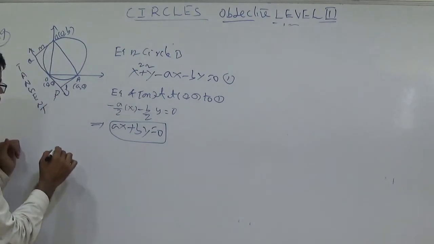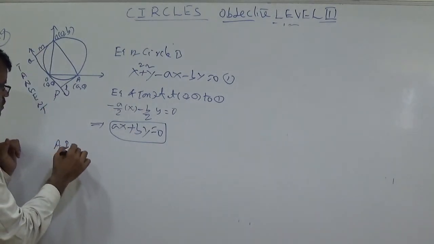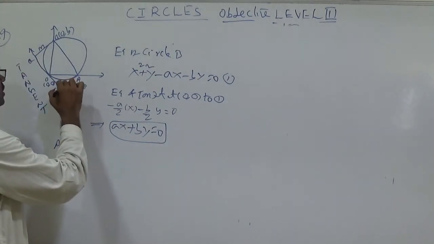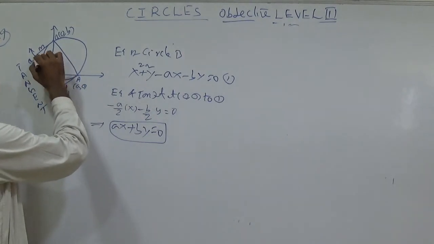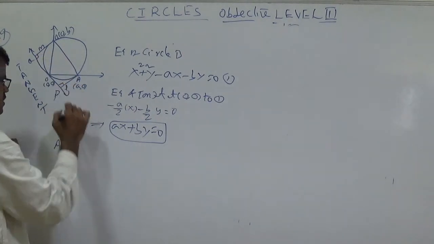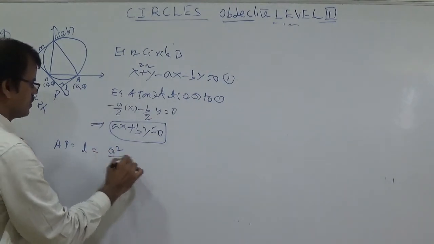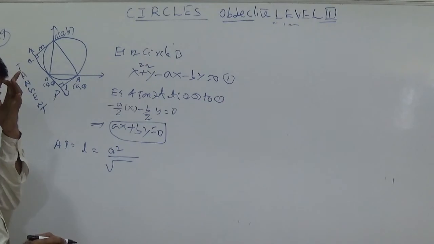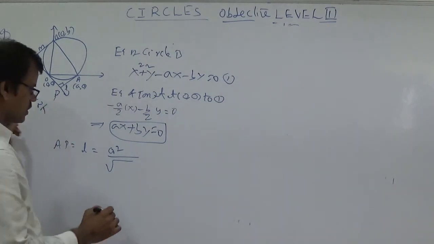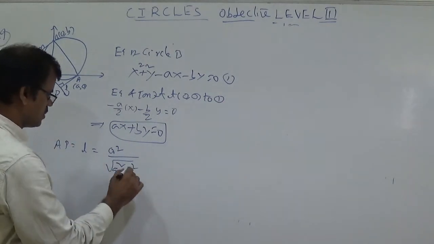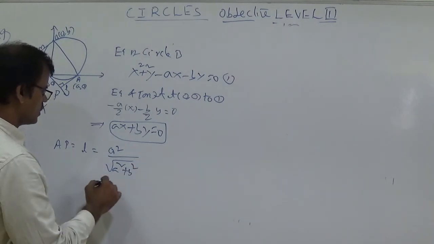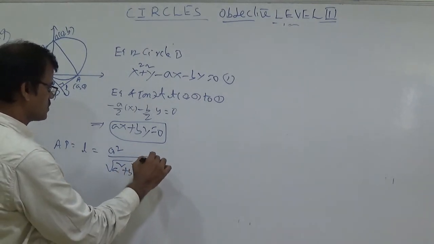He is saying AP means the length of the perpendicular from A, 0 to the tangent. Because of the concept formula, the length is ax1 plus by1 plus c by root of a square plus b square. L is equal to a square by root of a square plus b square.